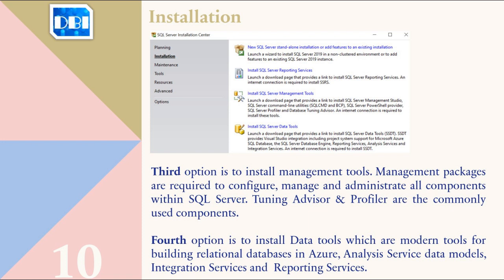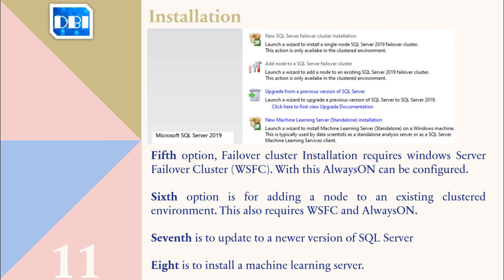Fourth option is to install data tools, which are modern tools for building relational databases in Azure, analysis service data models, integration services, and reporting services. Fifth option, failover cluster installation requires Windows Server Failover Cluster, WSFC. With this, Always On can be configured.